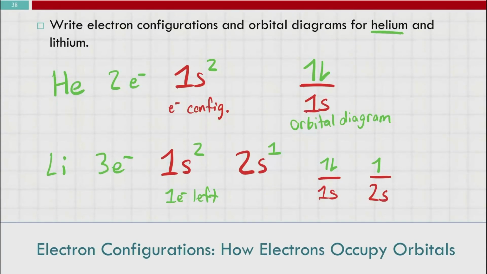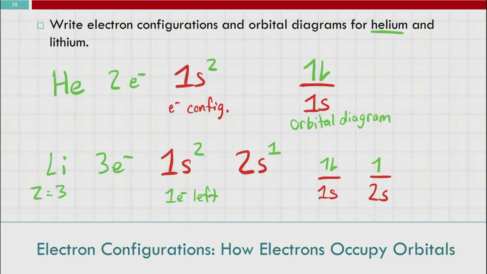Any questions about those electron configurations or orbital diagrams? Yeah? How did you know, I might have missed it, but lithium has 3 electrons and helium has 2? Yeah, so lithium, the Z equals 3, the Z being our atomic number.